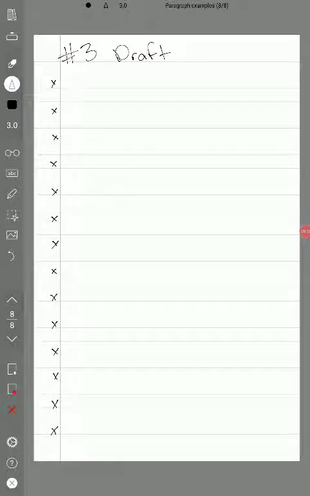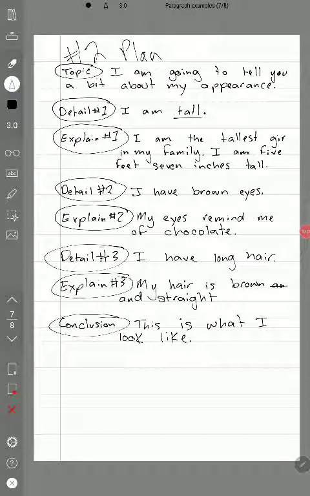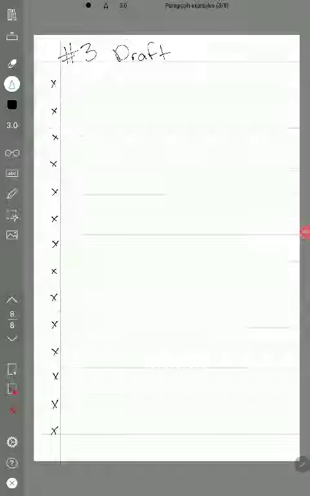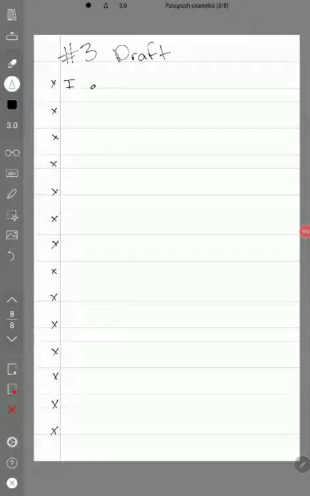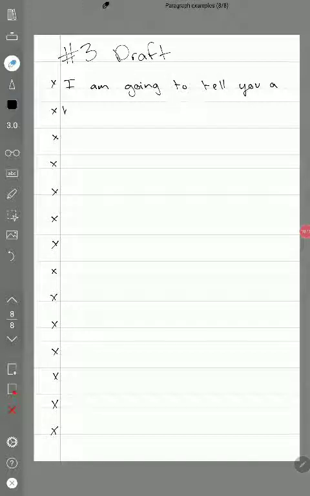So I'm going to rewrite my paragraph here. I'm going to tell you a bit about my appearance. Oh, I did that backwards. Hold on a second. I wrote on the lines that I was supposed to skip.